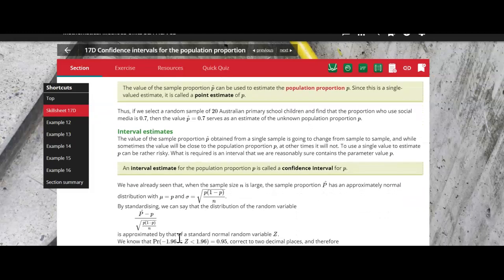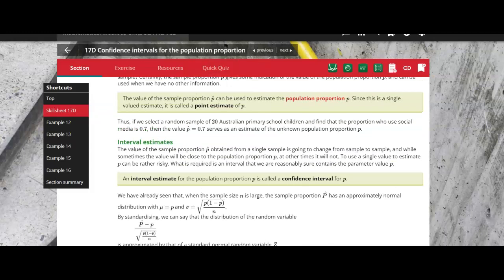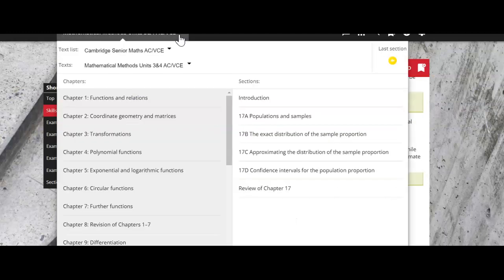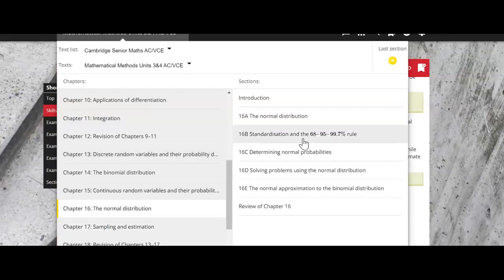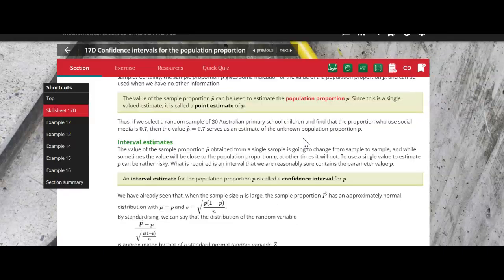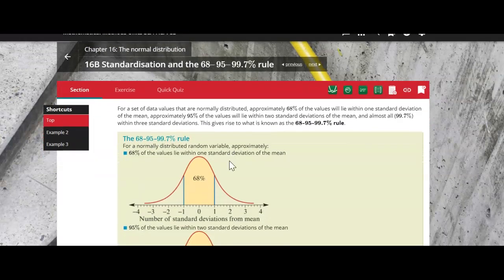Okay, so I'm going to just continue on to interval estimates because this is pretty much what 17D covers. So an interval estimate just tells us how far away we are from the mean. Okay, and we've kind of covered this before. So what I might do is just sneakily go back to 16B, with the normal distribution.